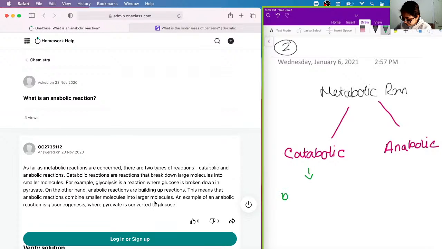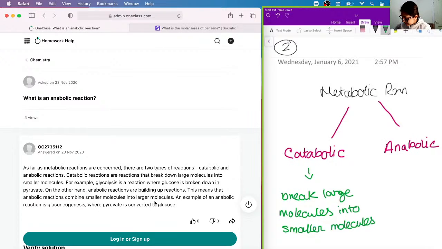Whereas your anabolic reactions are building up molecules, basically. This is where you build molecules.